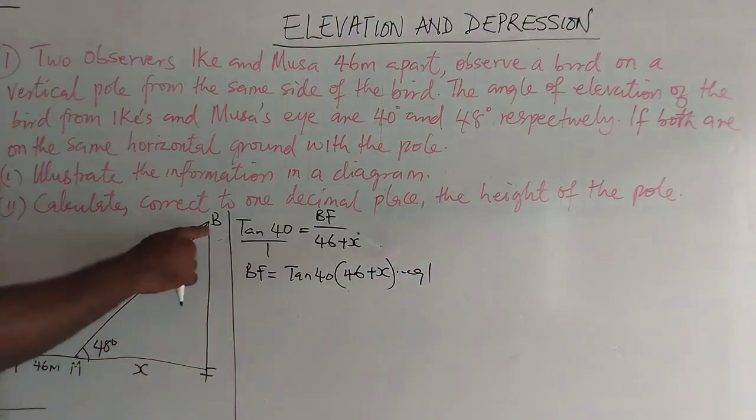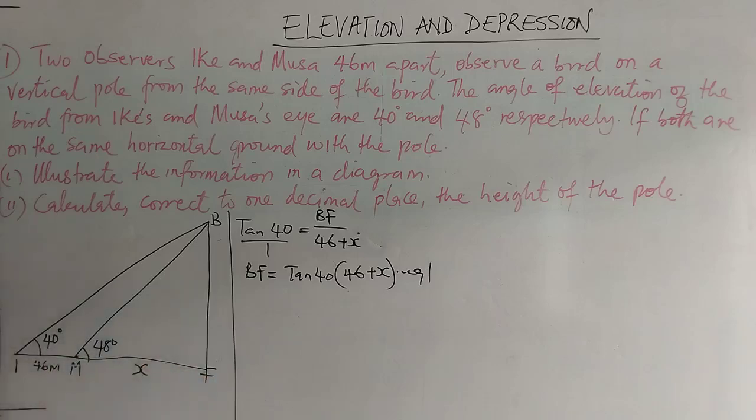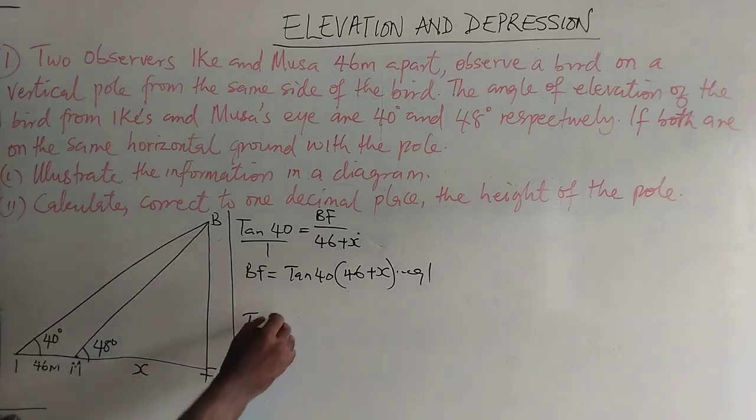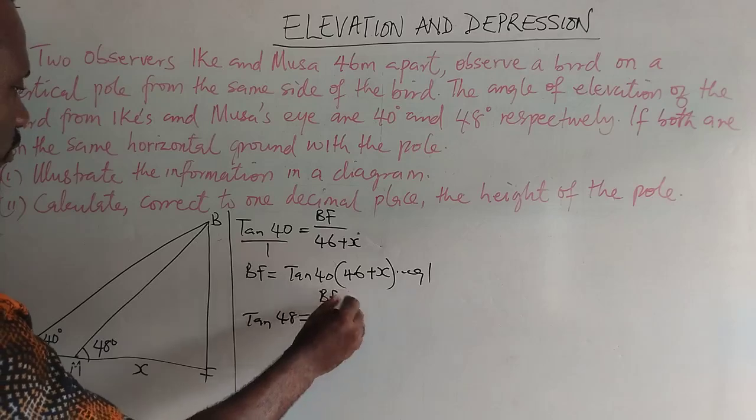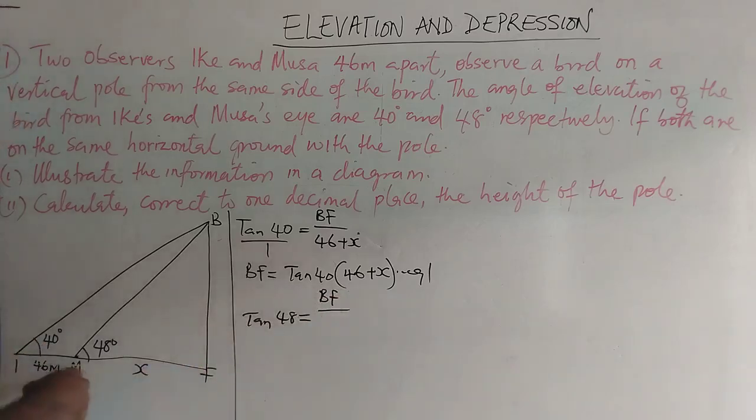Then, let's consider the smaller triangle. For the smaller triangle, which is BMF, it is still tan, so I'll write tan 48 is equal to opposite, which is BF, over the adjacent, which is x.